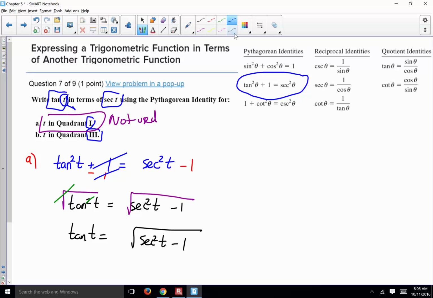Courtney says this data says in quadrant 1 all 6 trig functions are positive. Tangent is one of them. This says tangent is positive. I need to use the positiveness of tangent in this process, but I haven't used it.